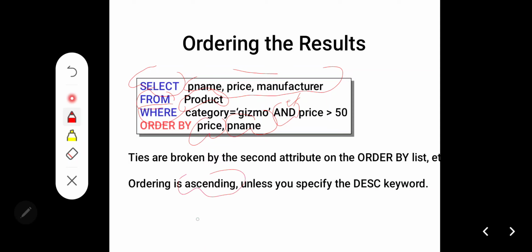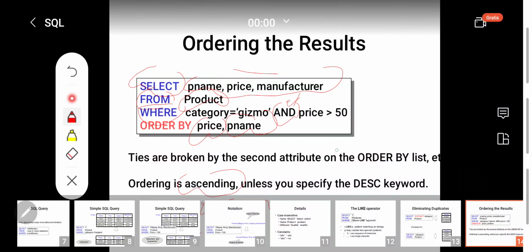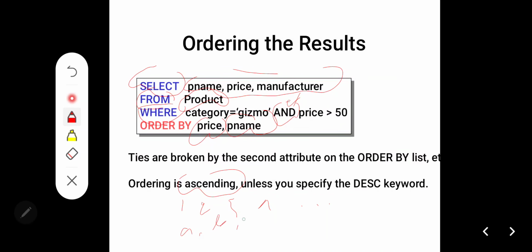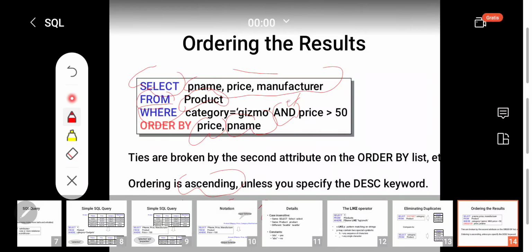Ascending means you start from small to higher: 1, 2, 3, 4, and so on. For alphabet, starting from A, B, C, and so on.